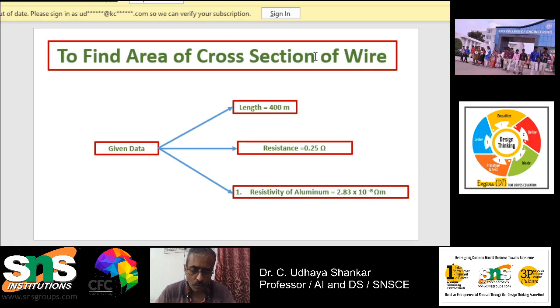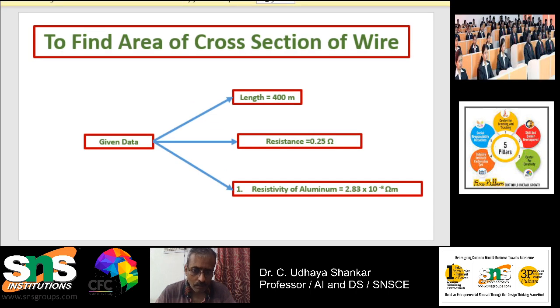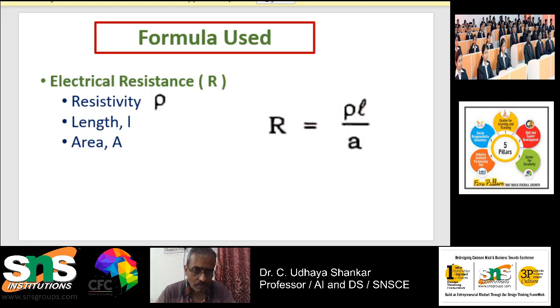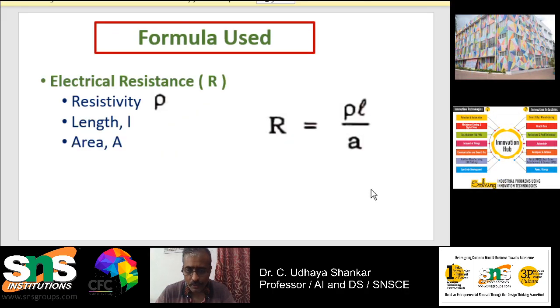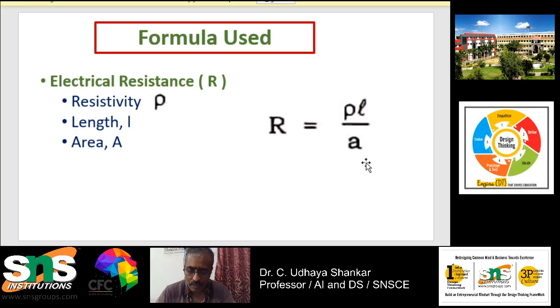As you all know, in the previous video we discussed the formula: R equal to rho L by A. R is the resistance, rho is the specific resistance, L is the length, and A is the area. Here you substitute the known parameters in this formula and find the unknown parameter.